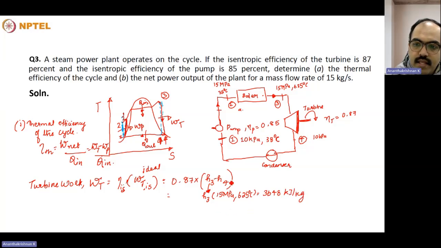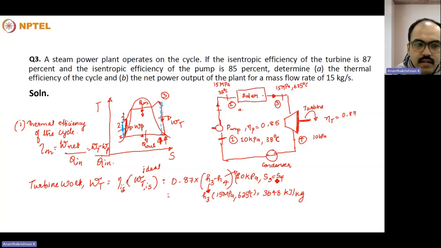And then H4 is the exit of the steam from the turbine if it was isentropic. So this can be calculated at 10 kilopascal and the entropy, using an isentropic process, S3 equal to S4.